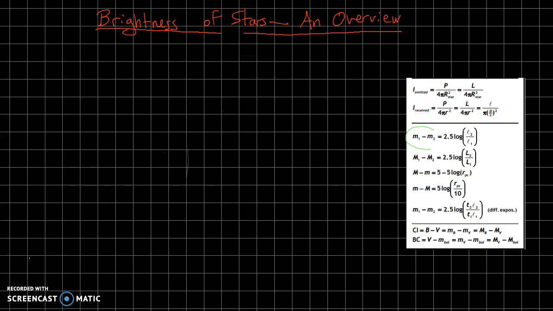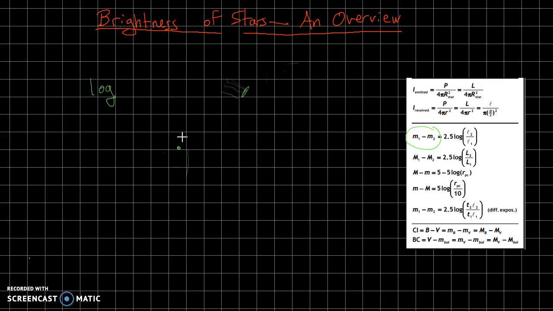Now, the magnitude scale. This is a logarithmic measurement of intensity, or rather a logarithmic measurement of the apparent luminosity of an object, because your brain picks up the light received from a source, and your subjective perception of the brightness is a logarithmic function of the actual brightness.